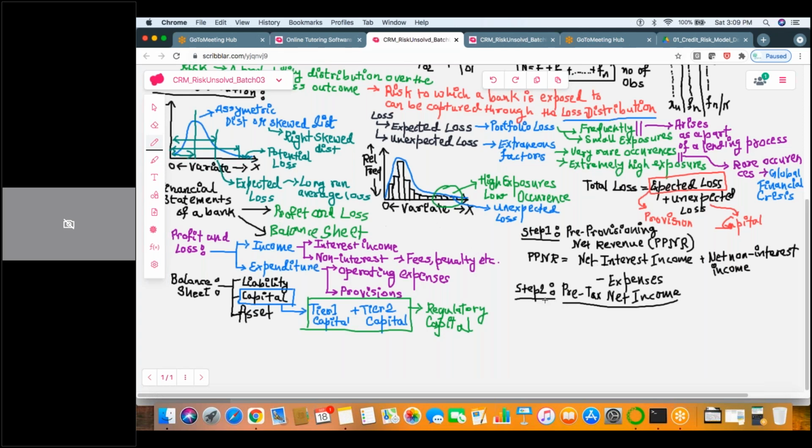Now, when I talk about the pre-tax net income, what is it? First of all, to the PPNR, or the pre-provision net revenue, net income from trading and counterparty losses are adjusted.